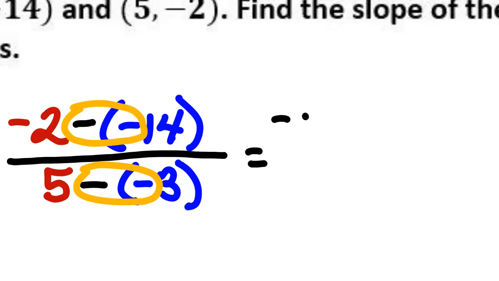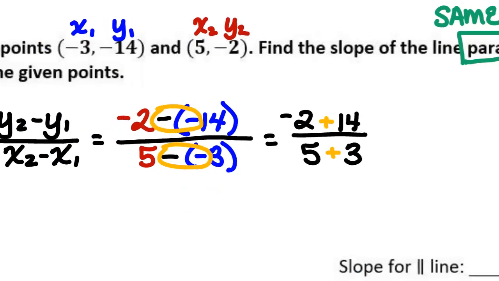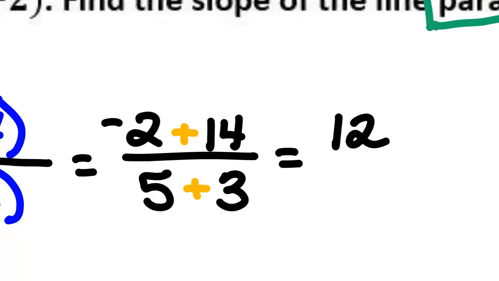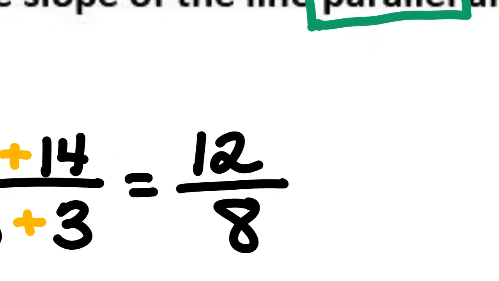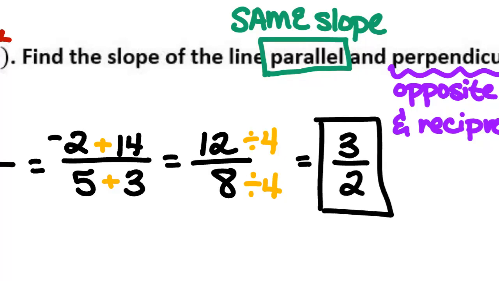So that numerator becomes negative 2 plus 14, and the denominator becomes 5 plus 3. Negative 2 plus 14, that's 12. 5 plus 3, that's 8. Yep, 4 goes into both of those, so we can reduce this by 4. 12 divided by 4 would give me 3, and 8 divided by 4? 2. So here's the slope of the line that passes through those 2 points that they gave me.